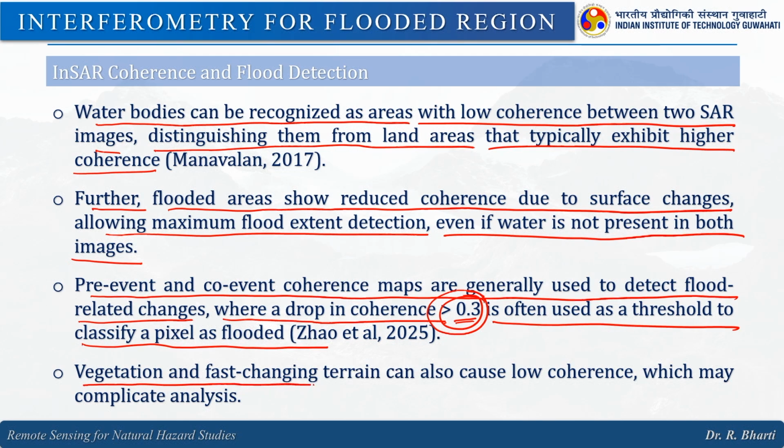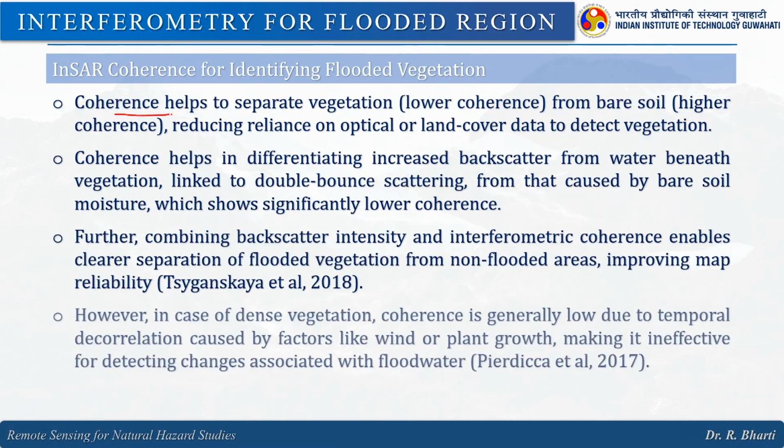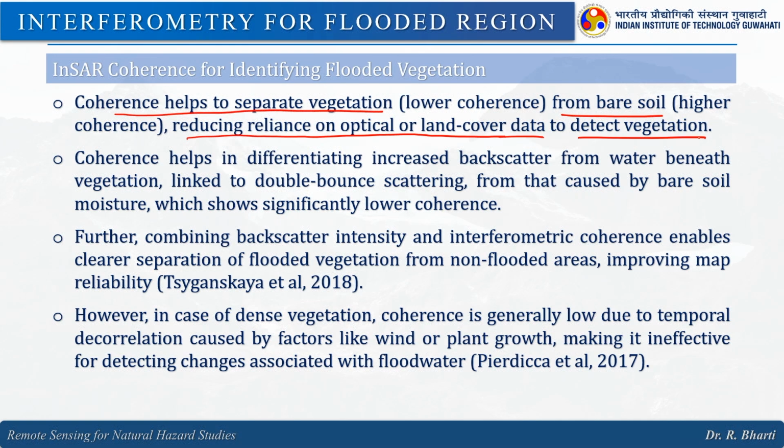Vegetated and fast changing terrain can also cause low coherence, which may complicate this analysis. Coherence helps to separate vegetation from bare soil, reducing reliance on optical or land cover data to detect vegetation.